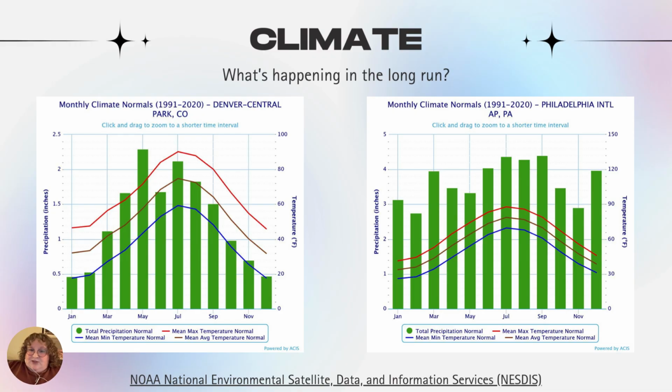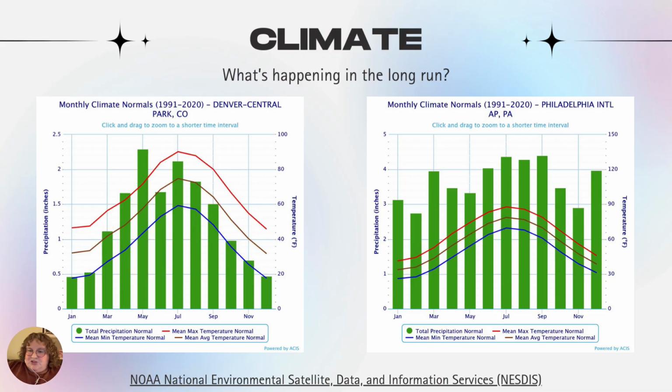And looking at their temperatures, even though the scales are different, they have the same pattern because they're in the northern hemisphere. Low temperatures in the winter, high temperatures in the summer. But especially the minimum temperatures are quite different for both of them.